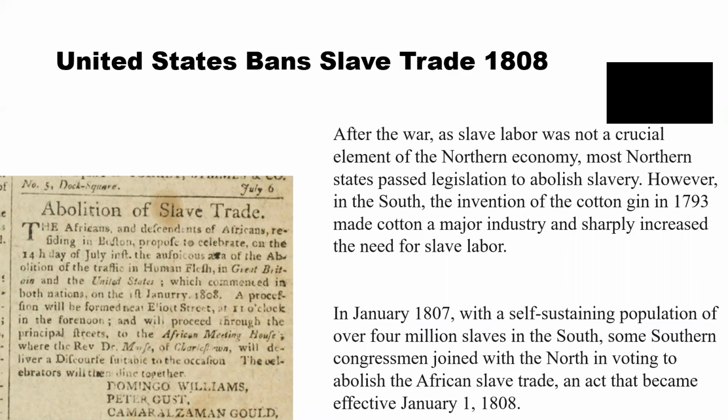However, the South demanded slave labor because their economy was based on plantations. However, after discussion between the North and the South, they figured out the number of slaves in the South was enough. As you can see, there are over 4 million slaves in the South. So they joined forces and abolished the slave trade.